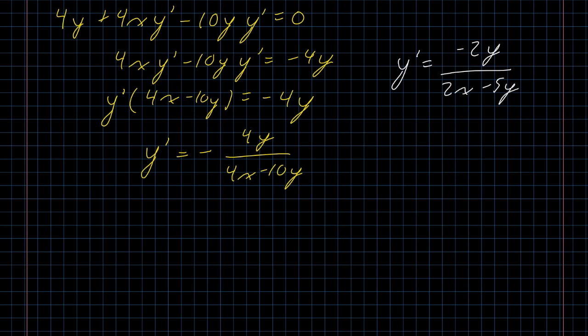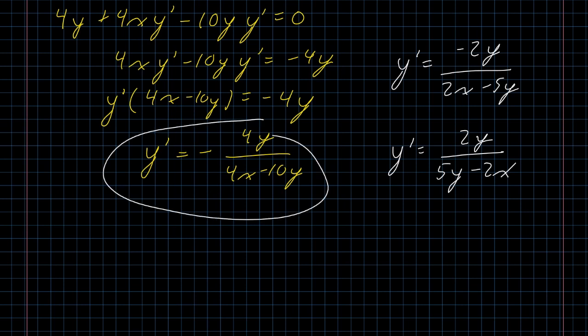And then we could multiply numerator and denominator by negative 1, getting rid of the negative in the numerator and switching the order of the subtraction in the denominator. Letting us write that y prime is 2y over 5y minus 2x. Is that any better? I don't know. Technically, I guess.